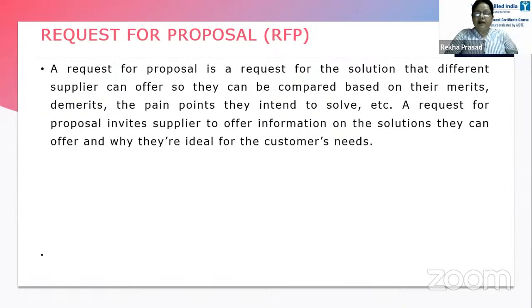So you can request for proposal from various. A request for proposal is a request for the solution that different suppliers can offer, so they can be compared based on their merits, demerits, the pain points they intend to solve, etc.